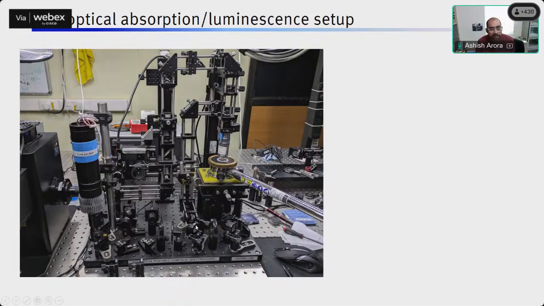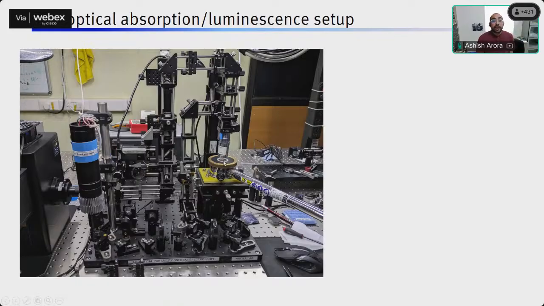There is a mirror here which takes the light up and then to the right. There is a beam splitter here which is not shown, but it's put there. Then the light passes through this objective lens and falls on a sample which is kept in this cryostat at 4 Kelvin.